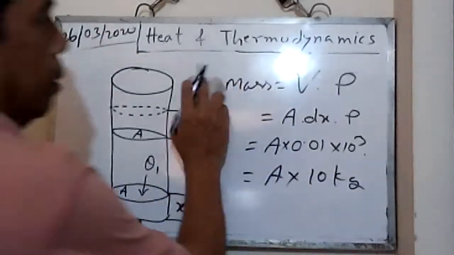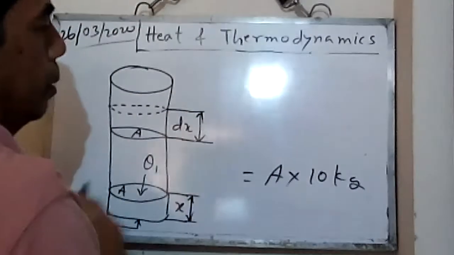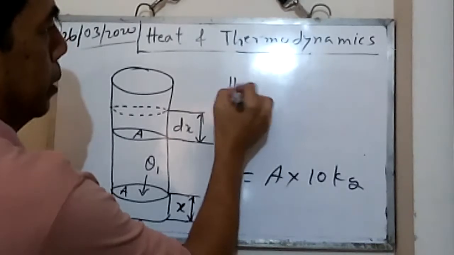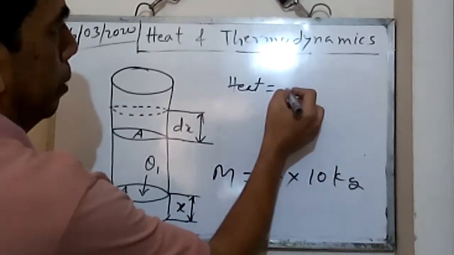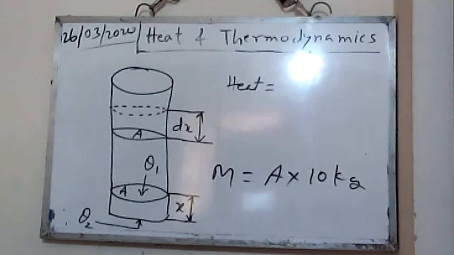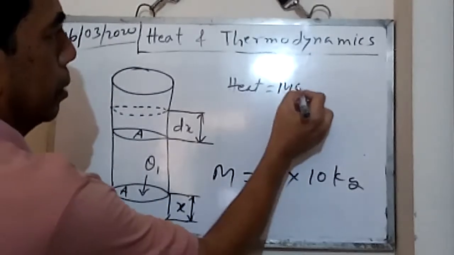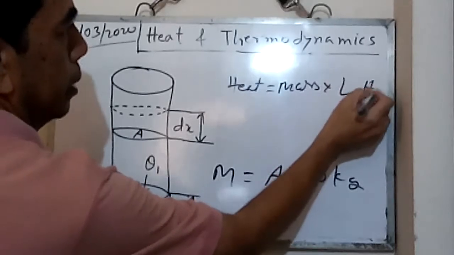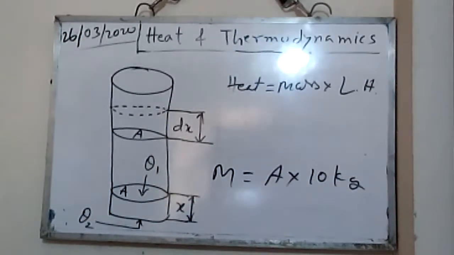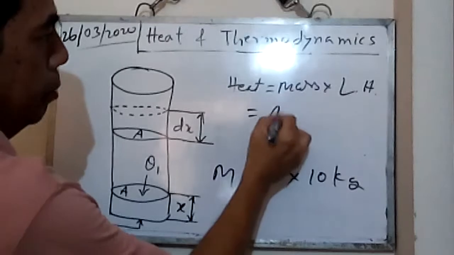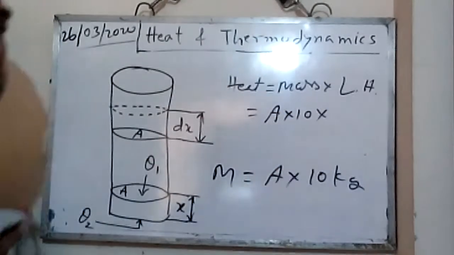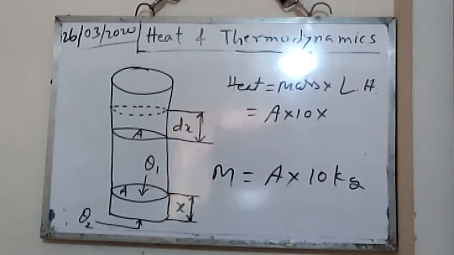equal to this mass, heat required equal to mass into latent heat of steam, evaporate, mass into latent heat. Mass equal to A into 10 into latent heat, which is given in the question, 540.